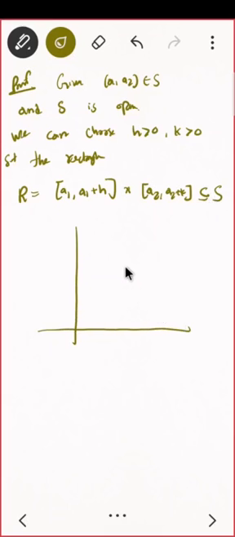Here is your point, say (e1, e2). So this is e1, this is say e2.